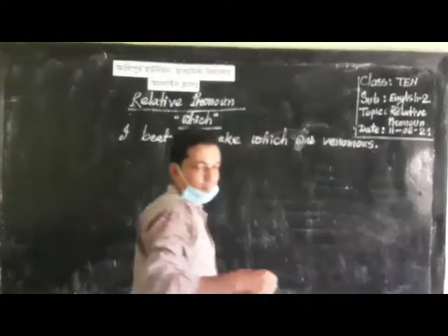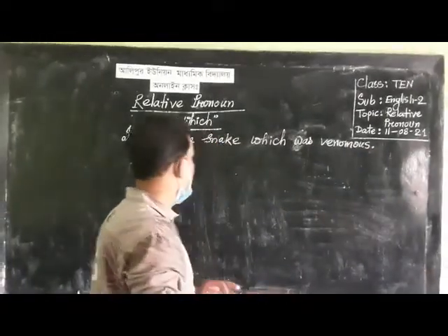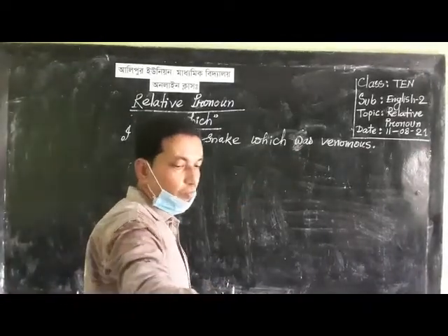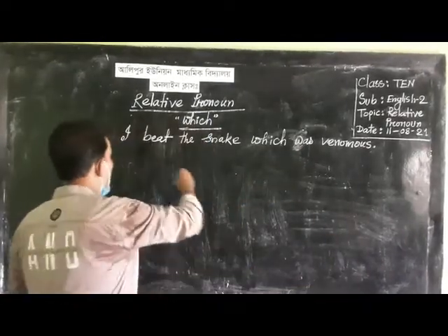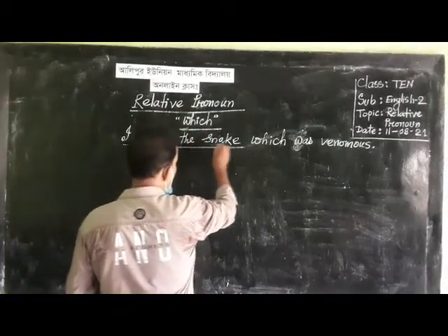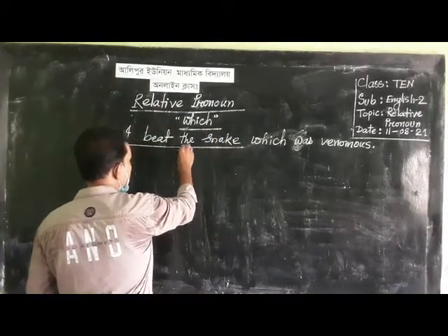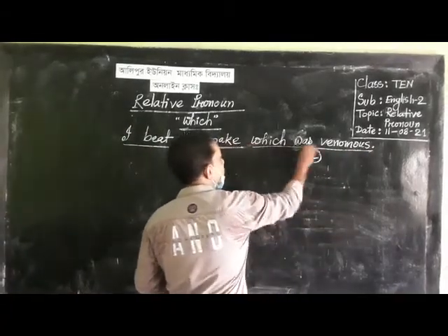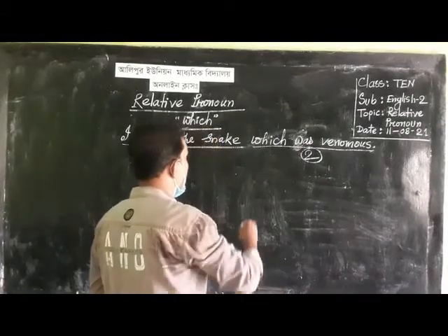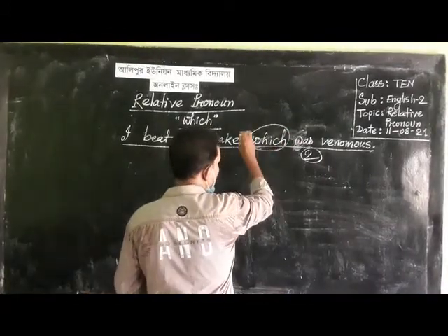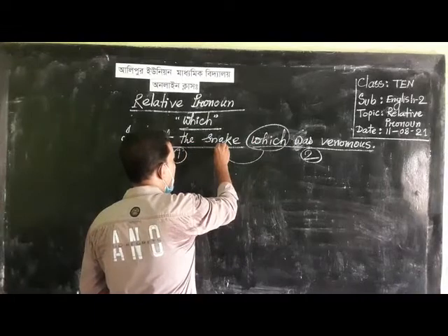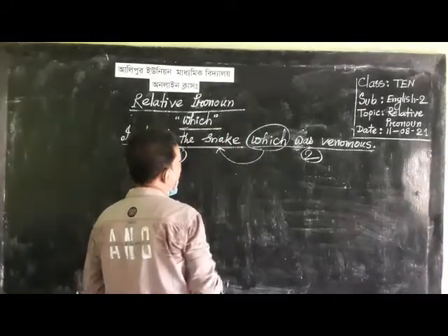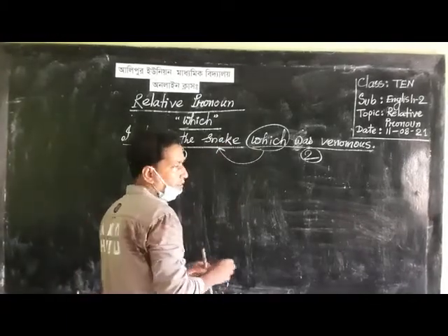Dear learner, I beat the snake which was venomous. There are two parts in the sentence. I beat the snake is one part, and which was venomous is another part. These two parts are joined by the relative pronoun which, and it indicates the noun preceding the relative pronoun, called the antecedent.